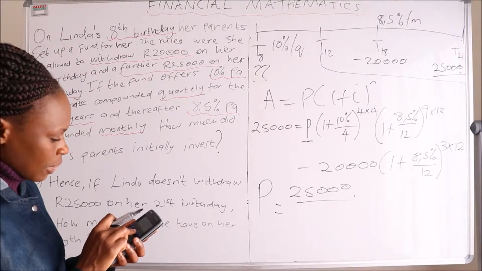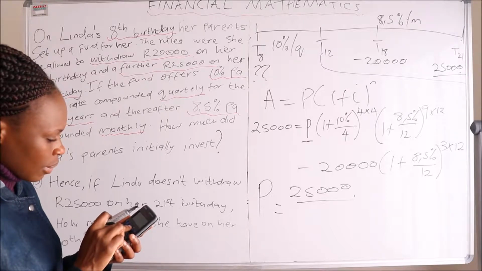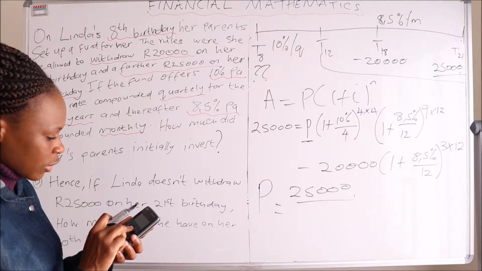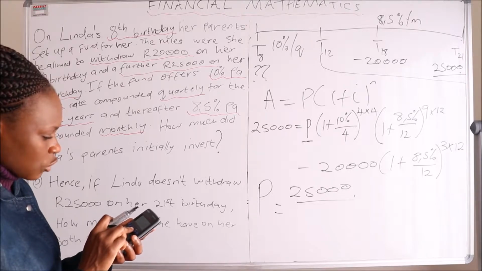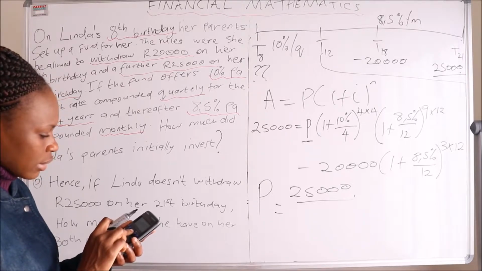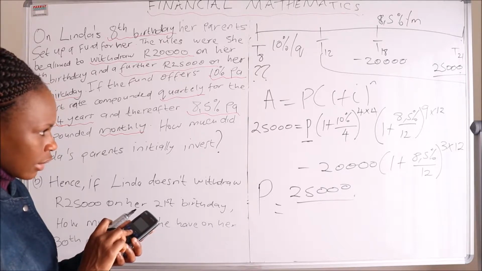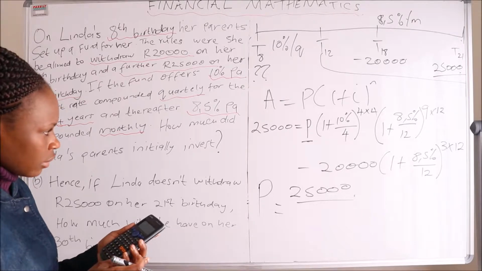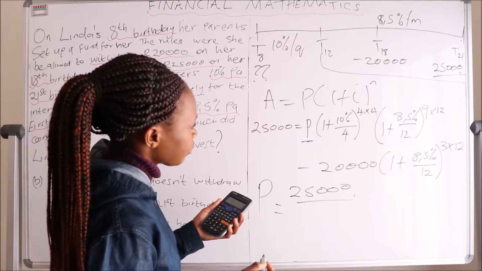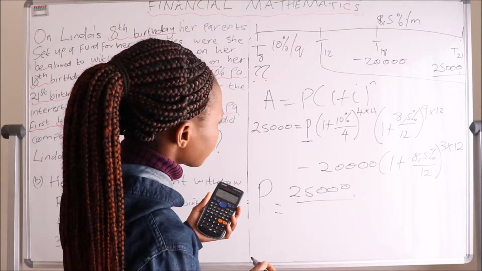So it's 1 plus 10% into 1 plus 8.5% divided by 12 to the exponent of 9 multiplied by 12, minus 20,000 into 1 plus 8.5% and 3 multiplied by 12. Okay, I'm getting a very not so nice number.